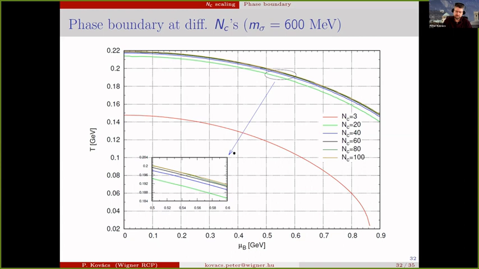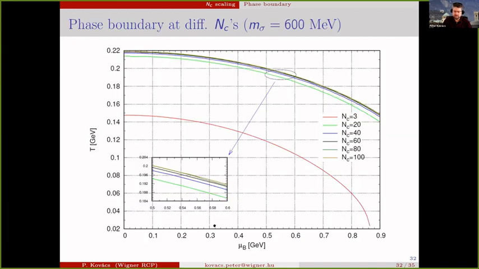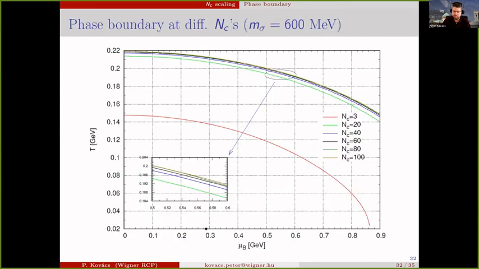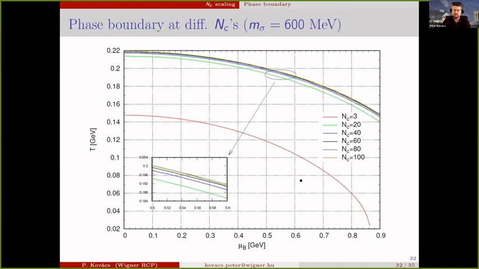If we take a closer look at different baryochemical potentials, like 300 and let's say 900, the temperature scaling again goes with Nc to the power of 0, so it becomes constant. We see the same scaling for every baryochemical potential, but this is because we don't have a critical endpoint here, and this is due to our parameterization.